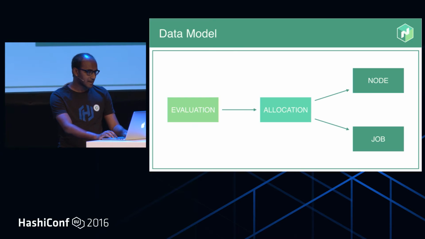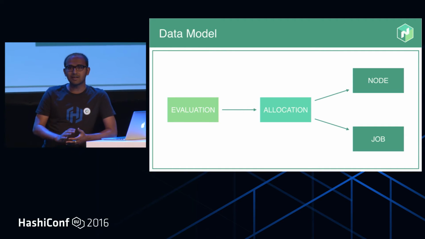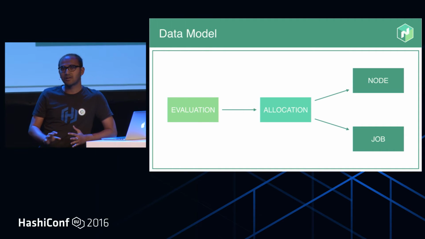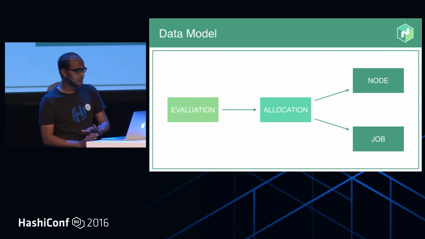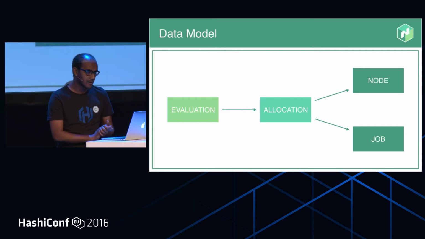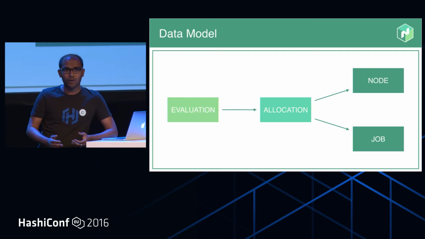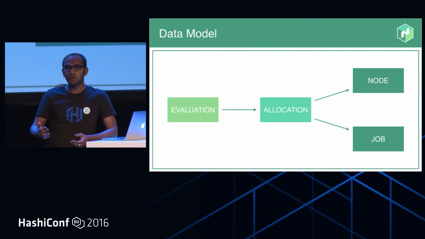So next up is the data model. The data model is one of the fundamental aspects of a scheduling system. To understand how a scheduling system works, you need to understand the data model behind it. When users submit a job, or anything happens in the ecosystem, it is triggered to Nomad as something called an evaluation.